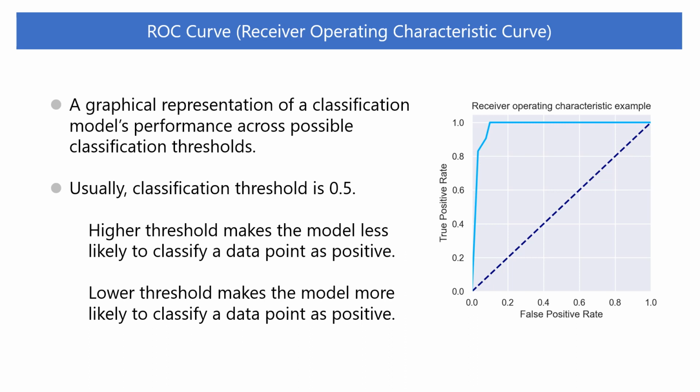That is, if the classification model predicts that a given data point has a greater than 50% probability of being positive, then the model classifies that data point as positive. We can, however, set the classification threshold to various values. A higher threshold makes the classification model less likely to classify a data point as positive. Conversely, a lower threshold makes the model more likely to classify a data point as positive.